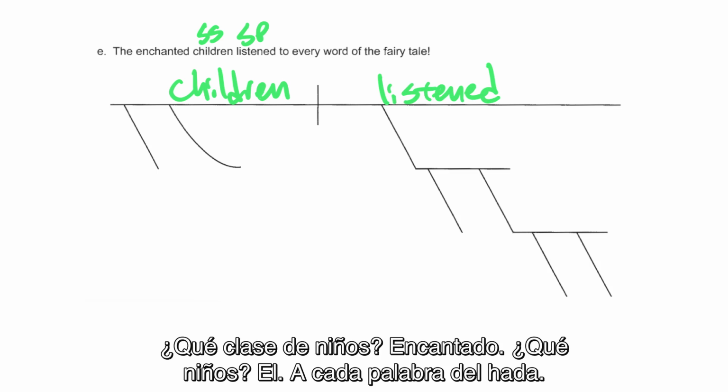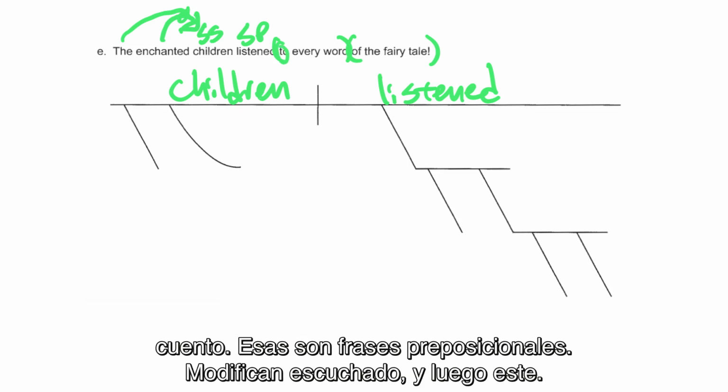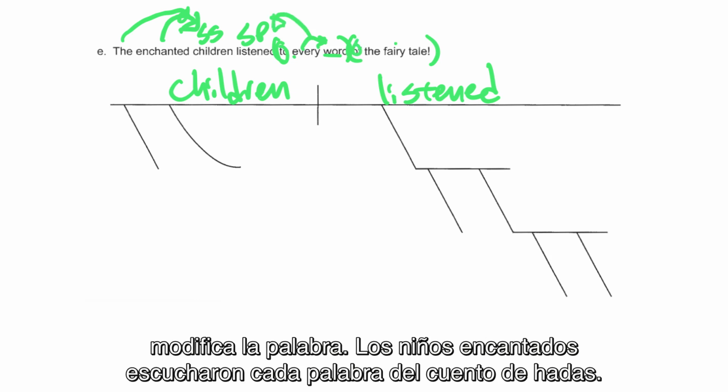What kind of children? Enchanted. Which children? The. To every word of the fairy tale. Those are prepositional phrases. They modify listened, and then this one modifies word.